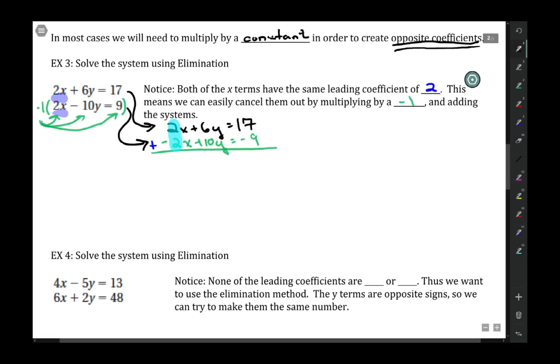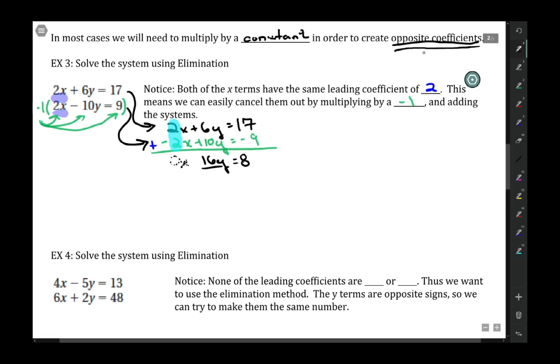Okay, so really 2x minus 2x is 0x. You don't even need to write it really. 6y plus 10y is 16y. And 17 minus 9, or plus negative 9, is equal to 8.